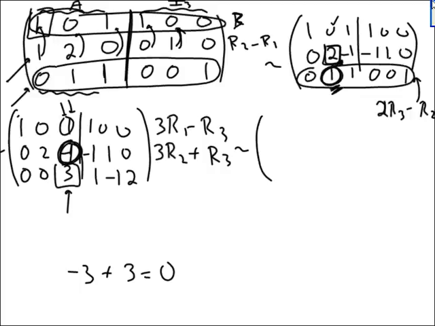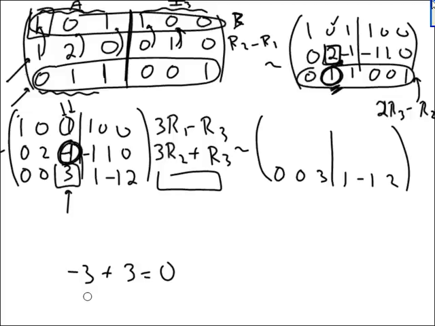Row 3 doesn't have anything next to it. It doesn't change. 1, -1, good old 2. Now the new row 1 is 3 times row 1 minus row 3.